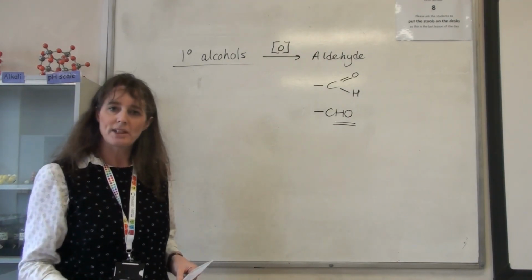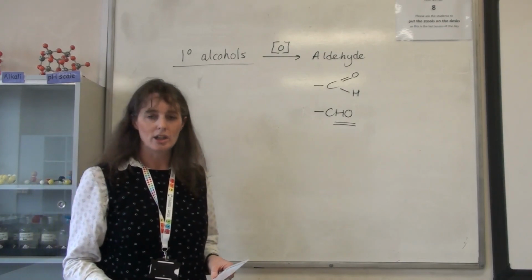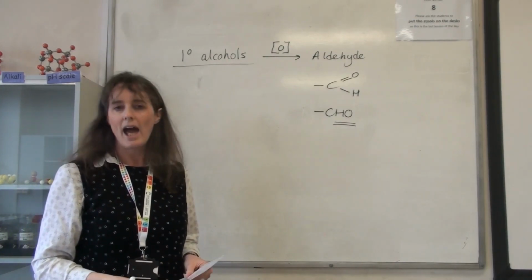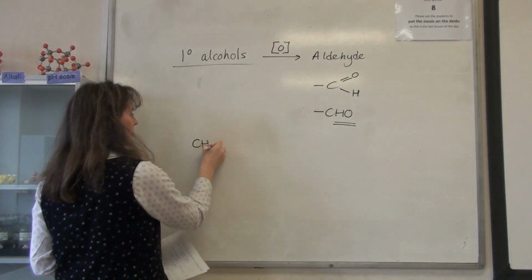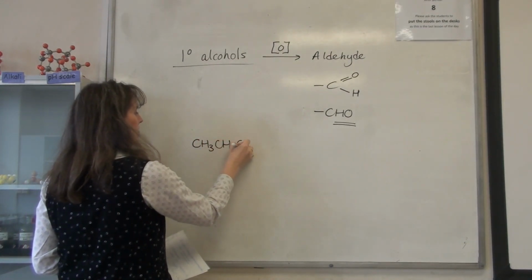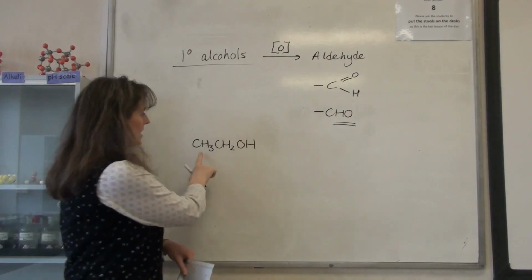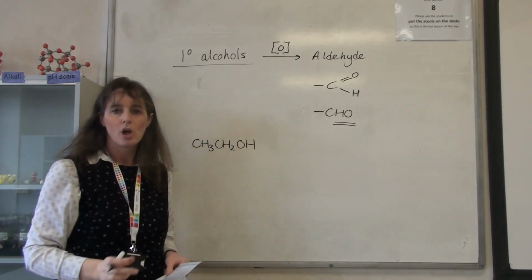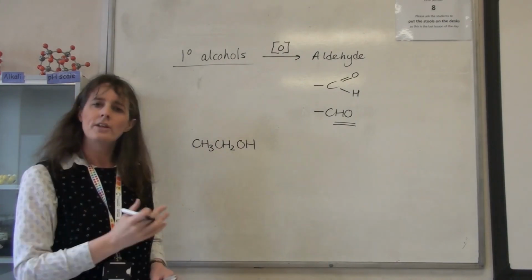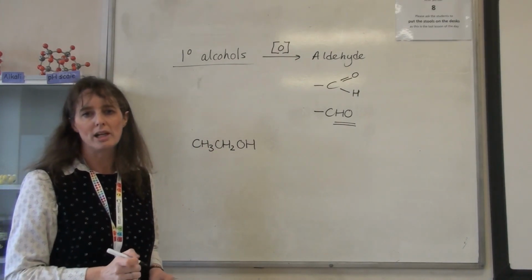So if we look at a specific reaction, let's look at the reaction of ethanol. So ethanol, you should know, is CH3CH2OH. So it is an example of a primary alcohol. And notice I'm using structural formula here.